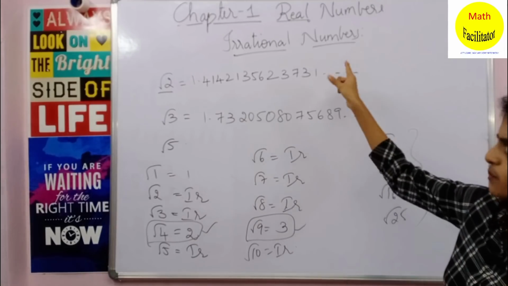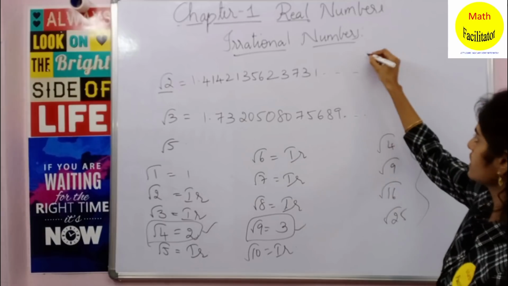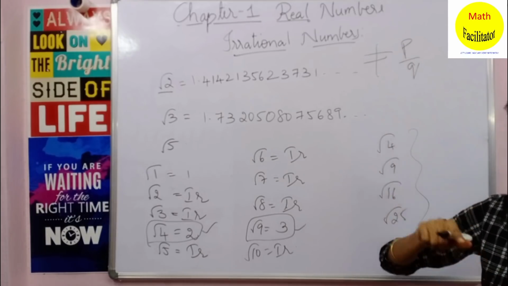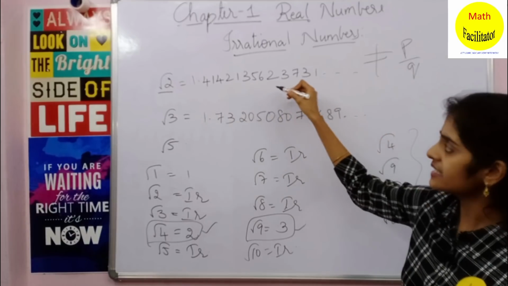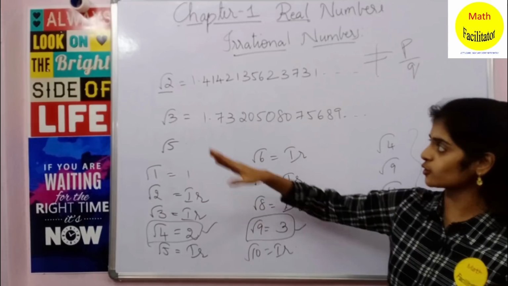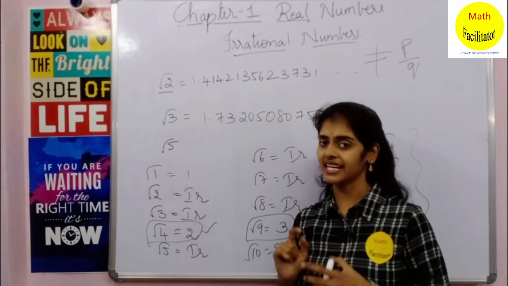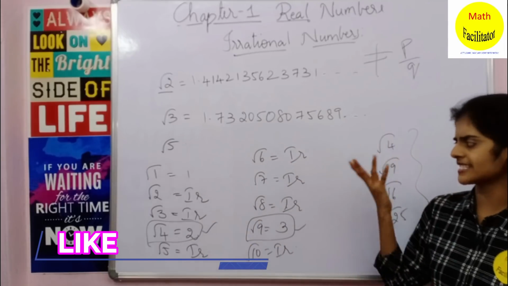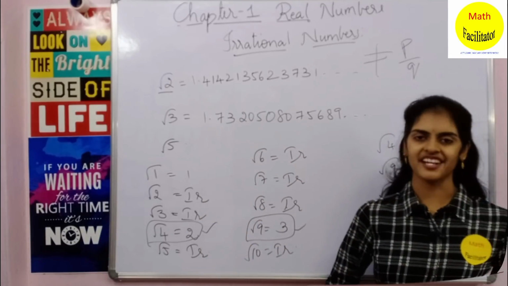They cannot be expressed in the form of P by Q, and they are neither terminating nor recurring. Pythagoras found that root 2 is an irrational number, and later on Theodorus found that root 3, root 5, root 6 and so on are also irrational numbers.